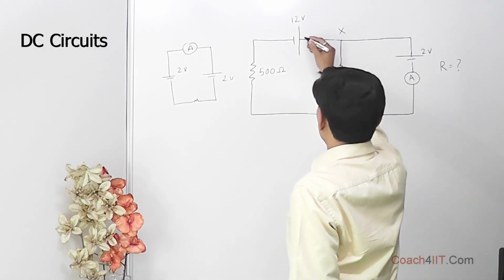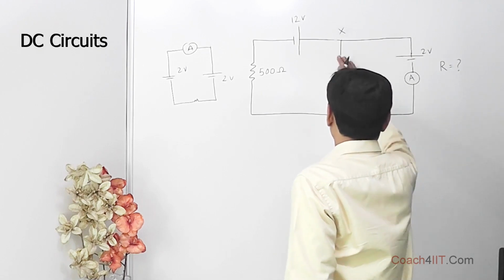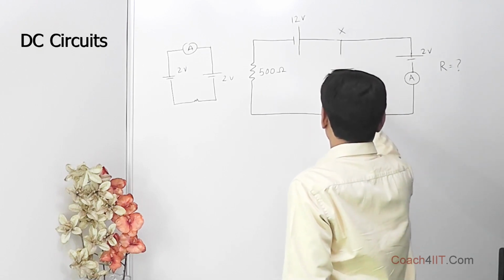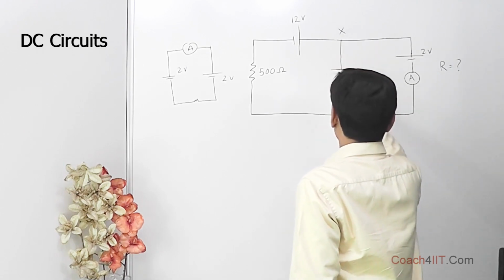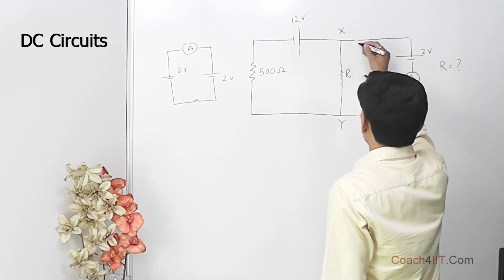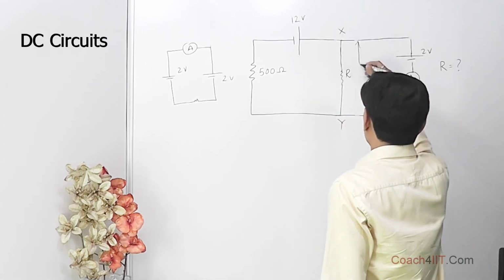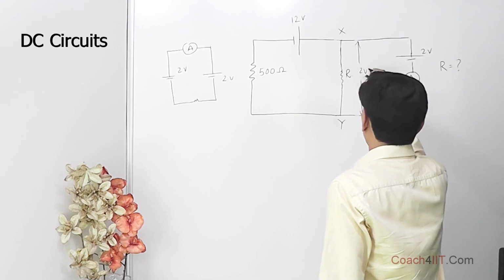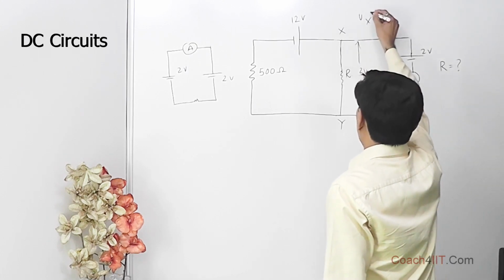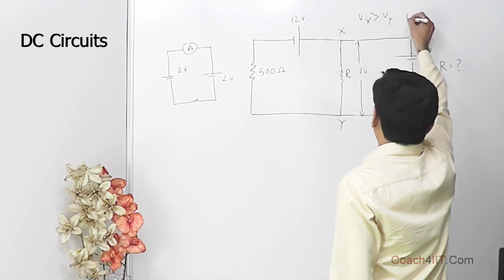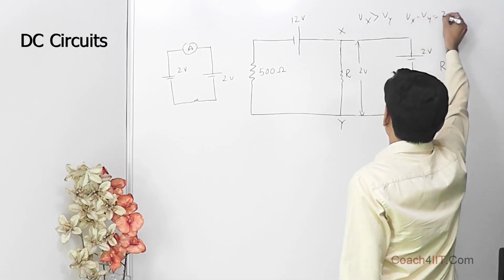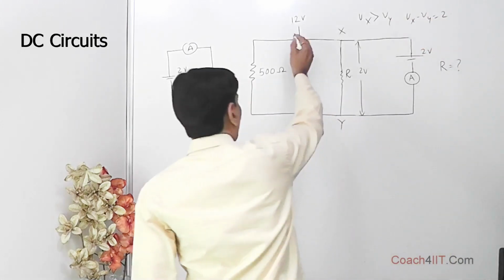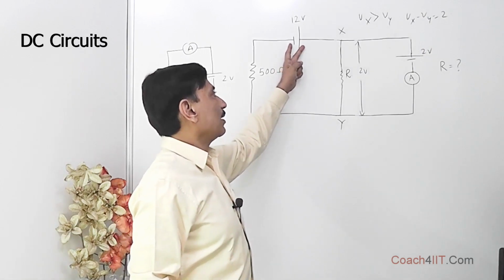Now, this is the stronger battery. As a result, the potential difference between this and this is, suppose, 2 volt. So it means the potential difference between this and this is 2 volt, with Vx being at a higher potential as compared to Vy, and Vx minus Vy is equal to 2 volt only. Now we know this is a 12 volt battery.